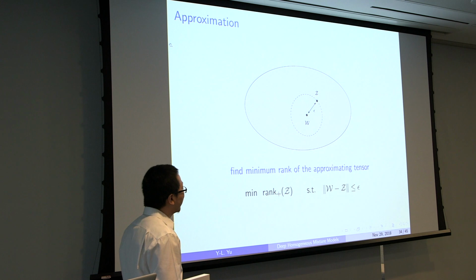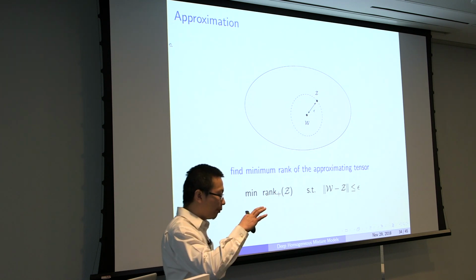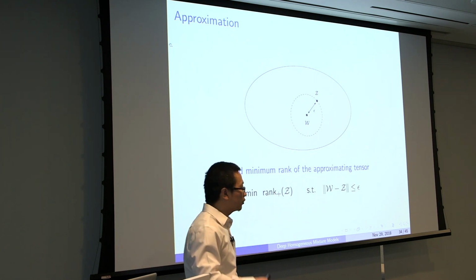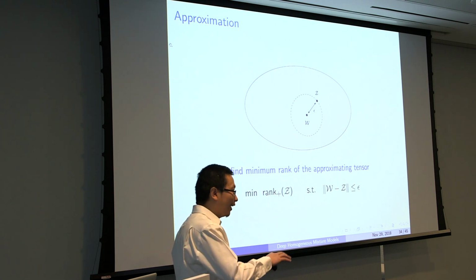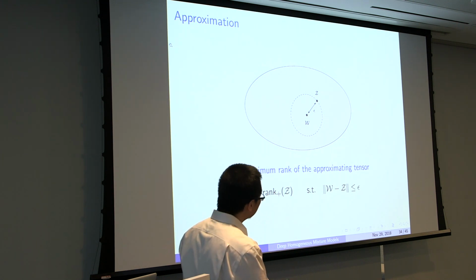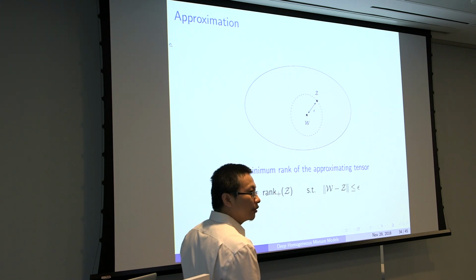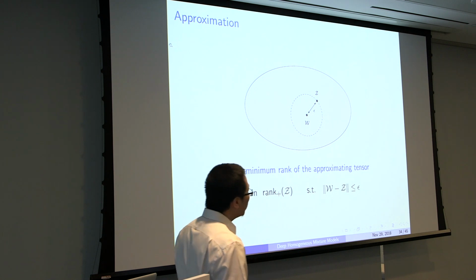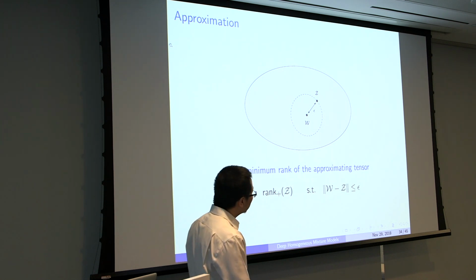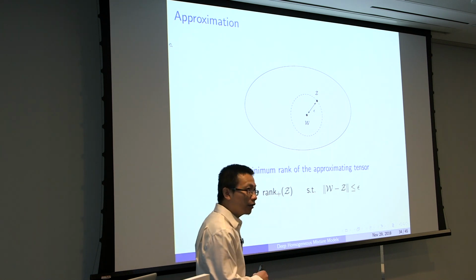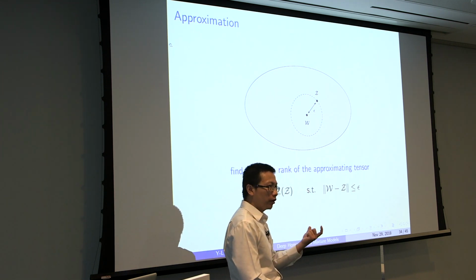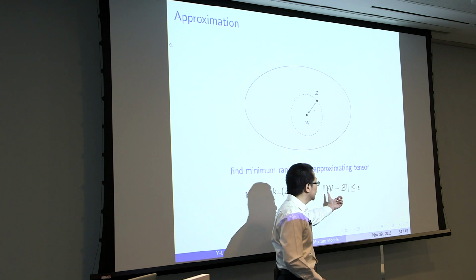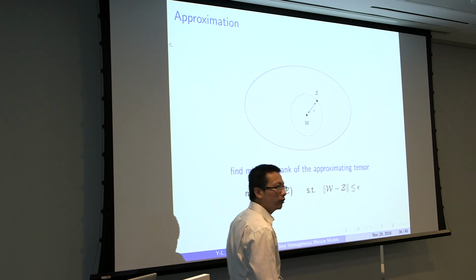And this is, again, why the tensor format interpretation is useful, because now we can reduce this problem again to tensors. So what we do is, if you have a density function represented by a tensor Z, now all we need to do is approximate this density function Z by another density W, and I want the approximation to be close in terms of some distance, at most epsilon, right?